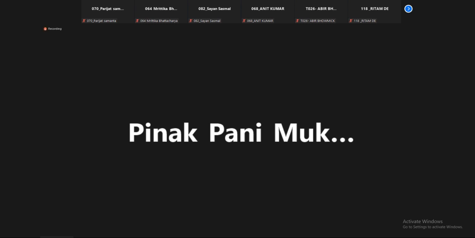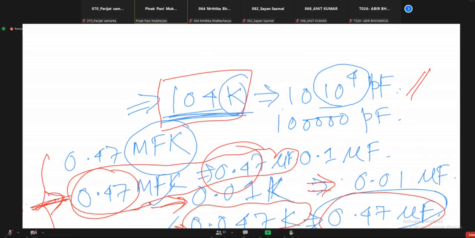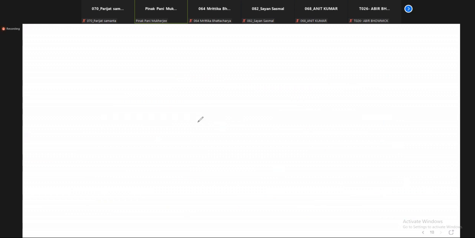Okay. Now silver, you remember this thing, the value is 0.01. So the value will be in this case 158 into 0.01.